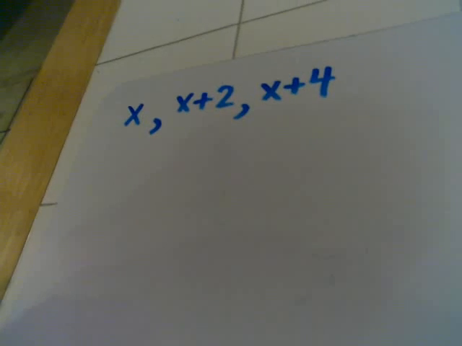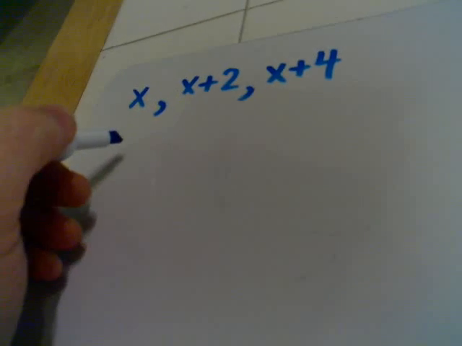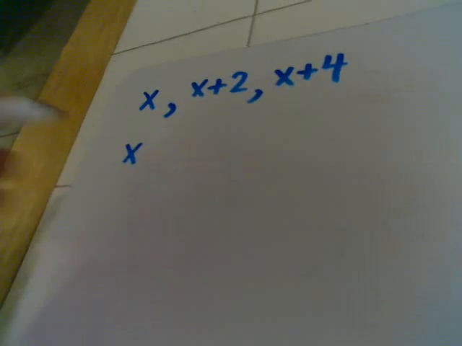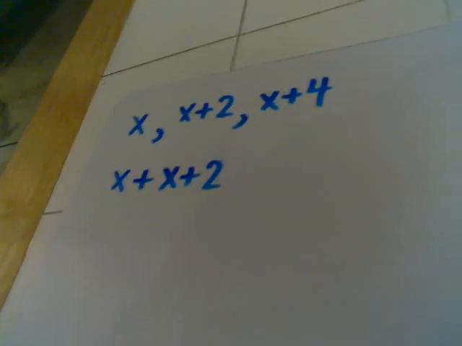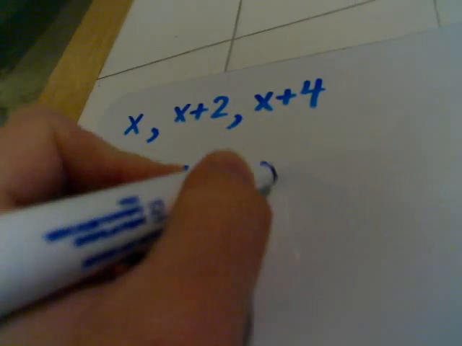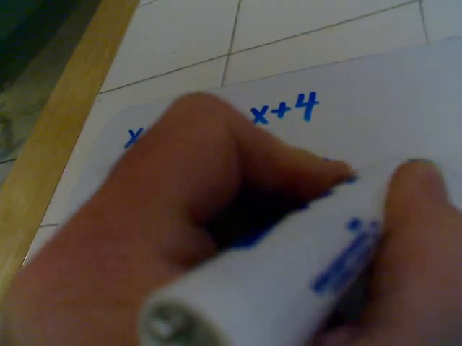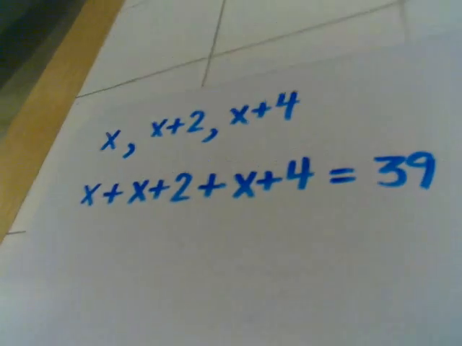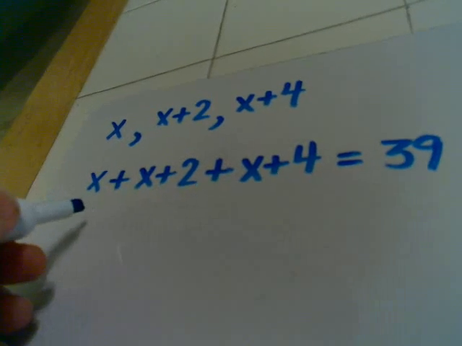Now, the sum of these are 39, so that means when I add them, because that's what the word sum means, I take x plus x plus 2 plus x plus 4, and I get the answer 39. And of course, this is a pretty simple equation. We collect like terms.